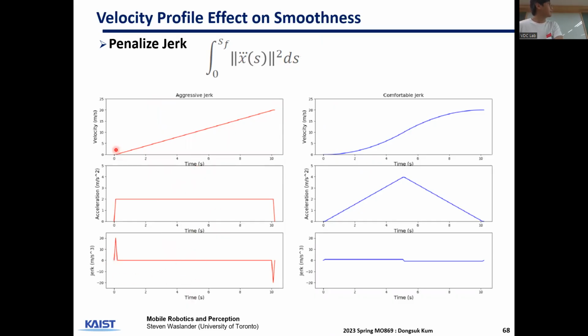The car starts immediately, but then you have this jump in acceleration and this spike in jerk, which is generally uncomfortable for the riders. If you have the jerk penalty, you will have a smoother velocity profile and much less jerk will be experienced.